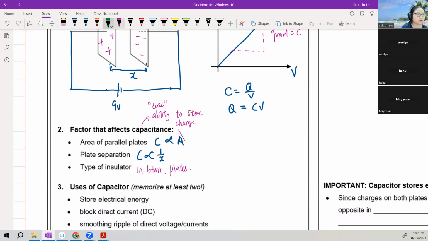I think if you need a conceptual understanding, I'll write that down for you. If C is proportional to A, it will be like larger area, more charges, more charge stored. Okay, and C inversely proportional to X. When there is a smaller gap, there's a stronger electric field.